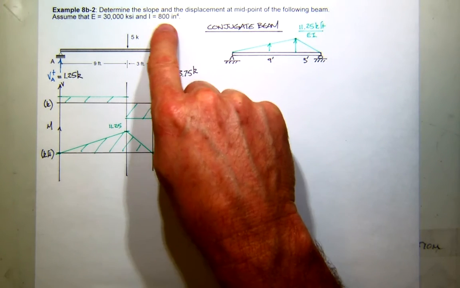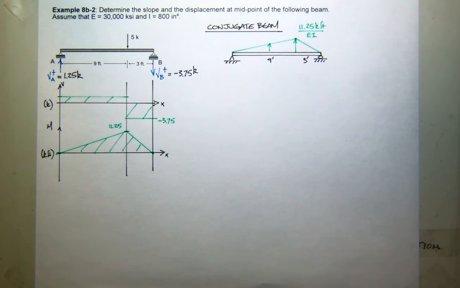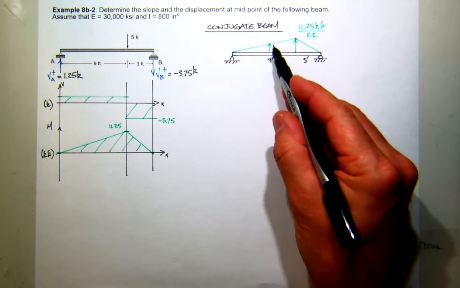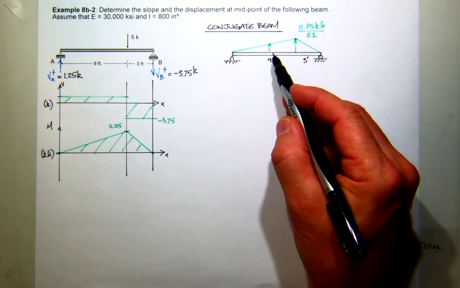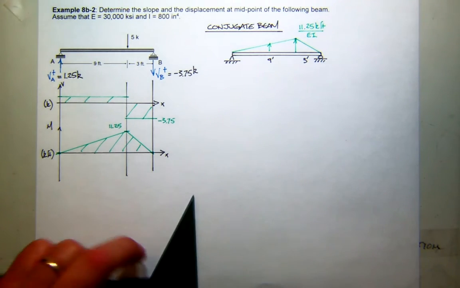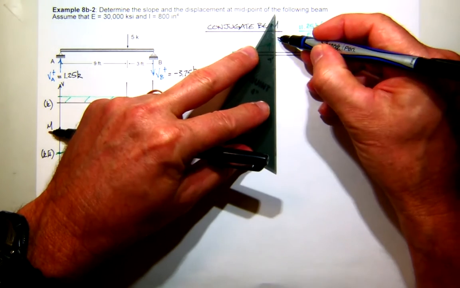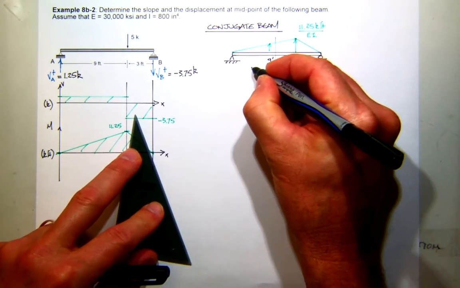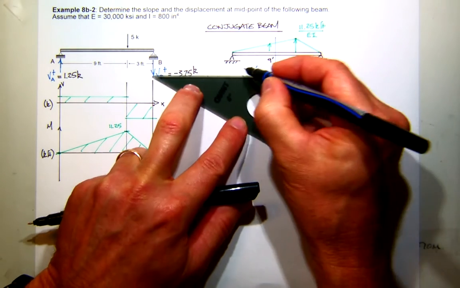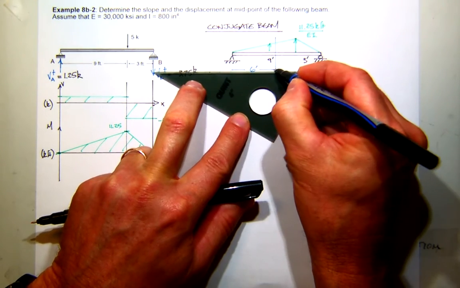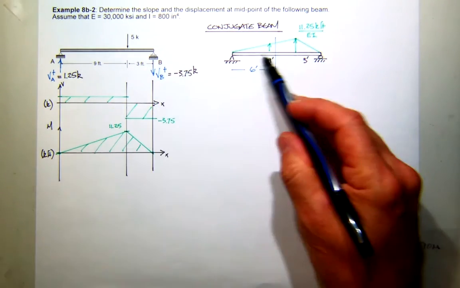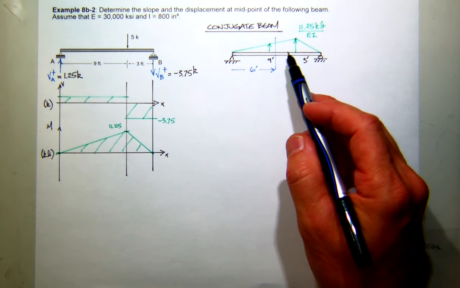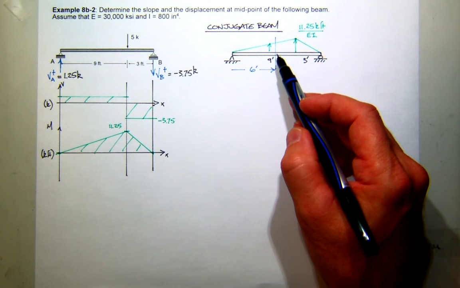Now, the problem is asking for the displacement and slope at the midpoint. The midpoint's right about here. That's going to be 6 feet. So if I were to cut the beam at the midpoint, 6 feet, what side of this structure would you like to work to find the internal shear force and bending moment?